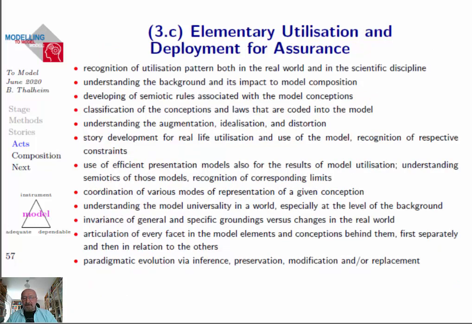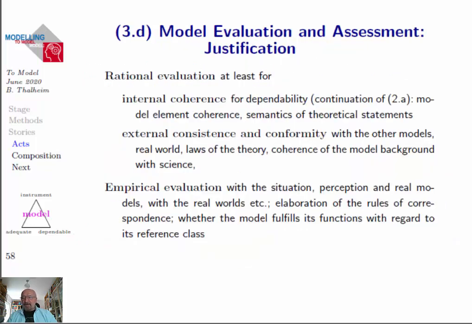We can now look for elementary utilization and deployment in such a way that we are sure that this model functions properly. That means we are evaluating our model in a proper form, so that it is going to function properly. So in this case we look for justification.